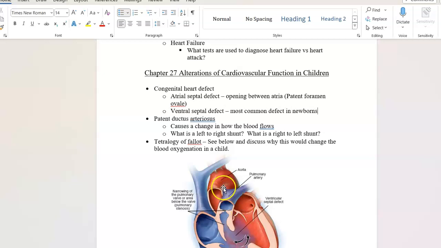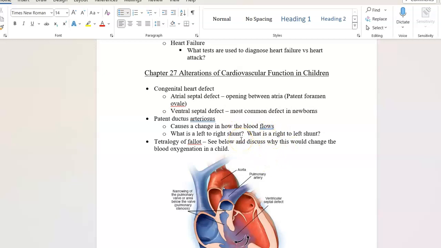Patent means open, okay? So now blood can combine from the right side of the heart to the left side of the heart, right? Because it'll shoot from the right side up into the aorta, which is not good. So you got to do a little legwork. You got to determine whether it's a left to right shunt or a right to left shunt, okay? So check that out.